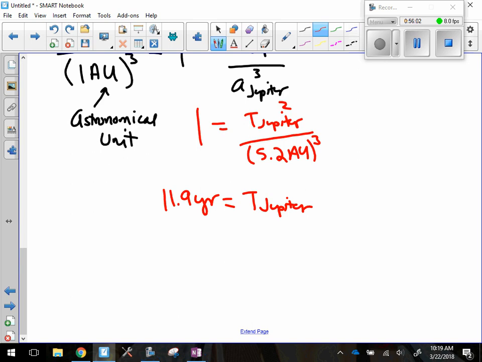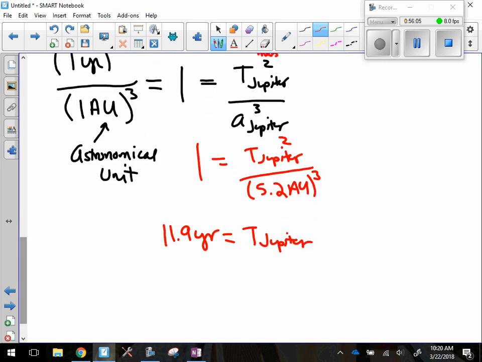Okay, so I can do that for anything. Pluto is 39 AU from the sun. Or you can measure how long it takes an object to go around the sun, which is probably a little easier to measure, and now you know how far away it is.